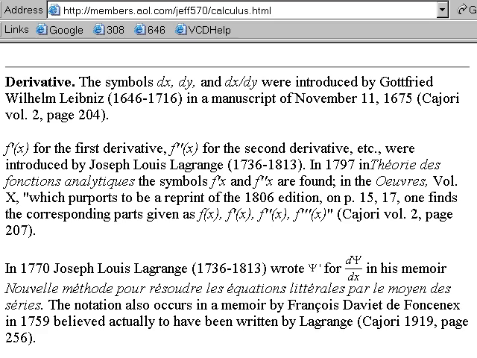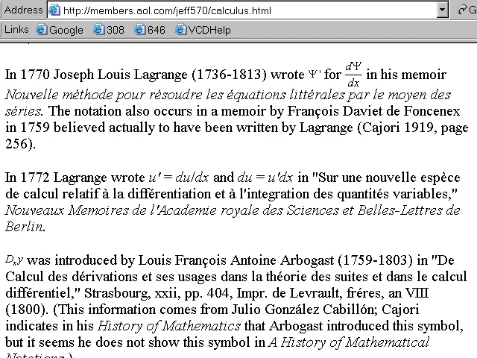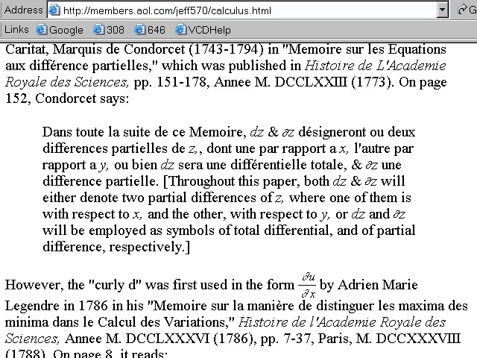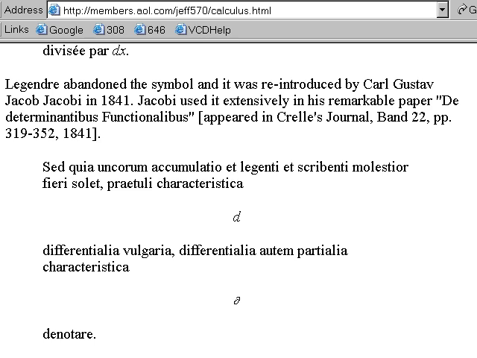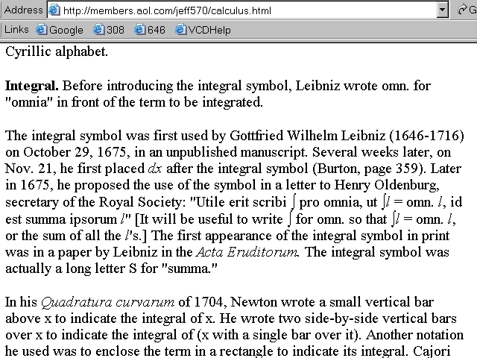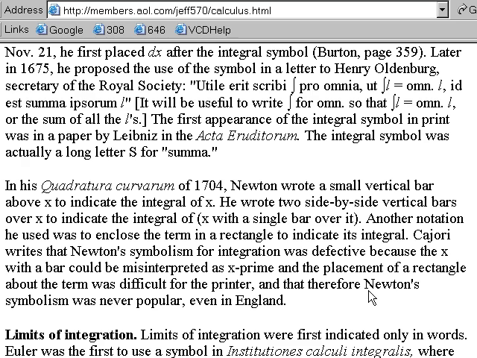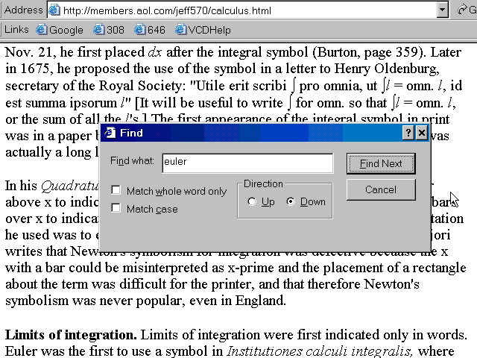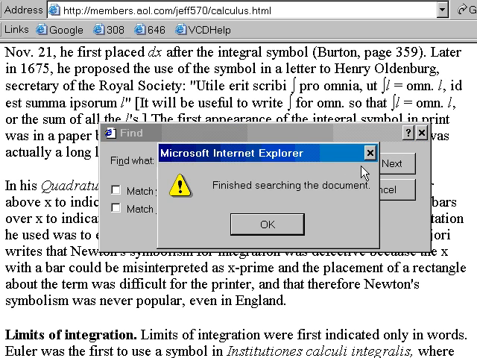And it does say down here, Euler. Let's see if this has it here. We search for Euler. It's not in here.